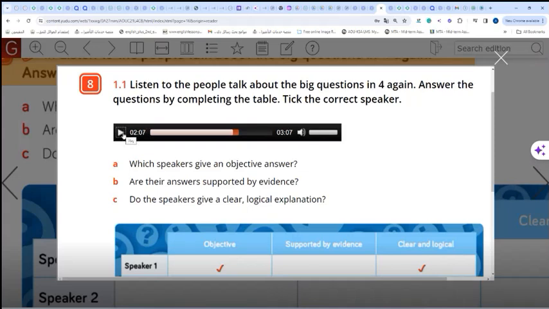I think. When you say I think, is it objective or subjective? Subjective, supported by my own point of view. Okay, so it's not logical.